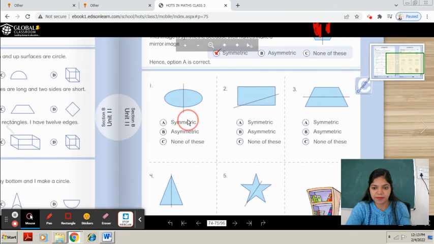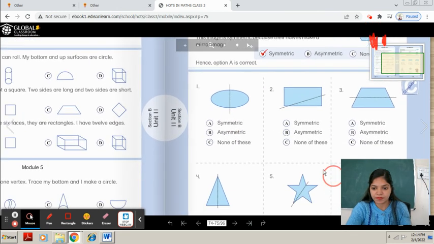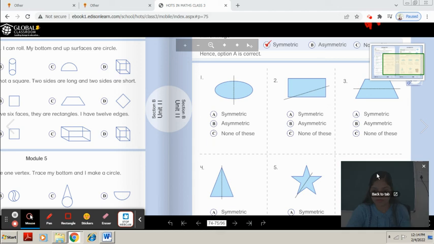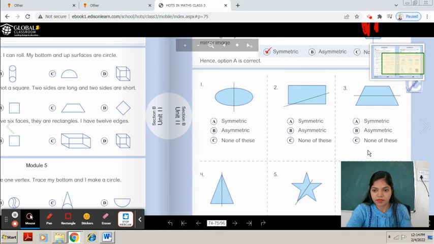You can see there are three shapes. Okay, you can see students. Now you will tell me which option is the right option.